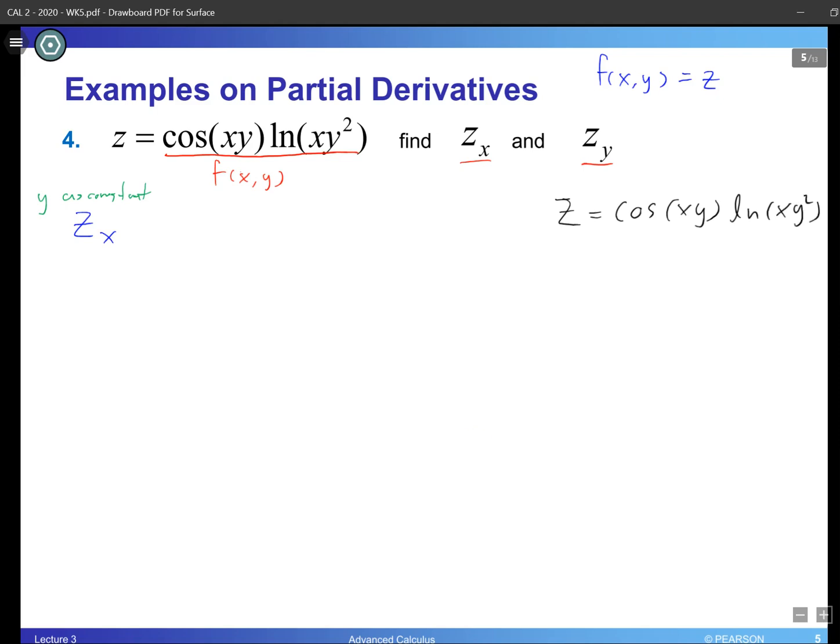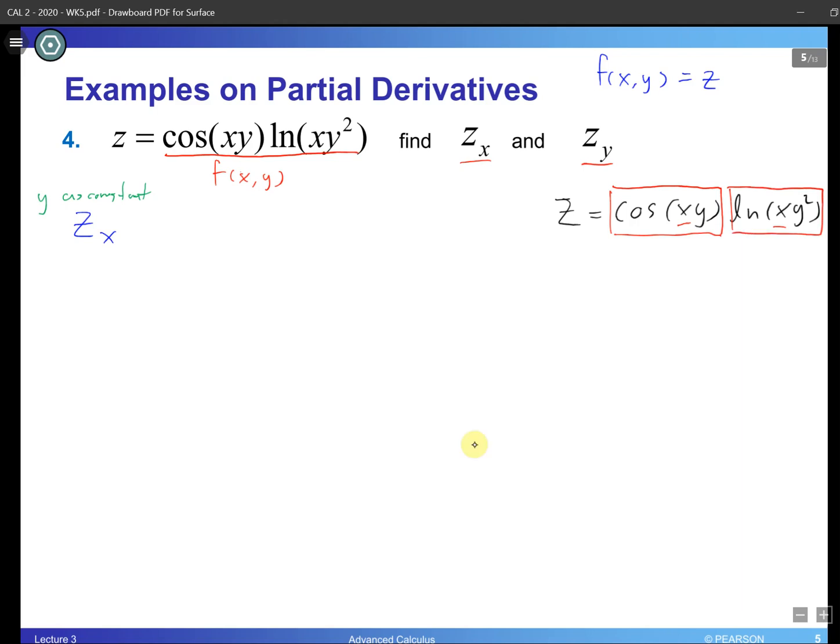Where are the x's? One is right here and the other one is right here. As you can see, I see two terms of x multiplied together. In other words, I see a product of two subfunctions of x. One is the first one at the front, and the other one is right here.